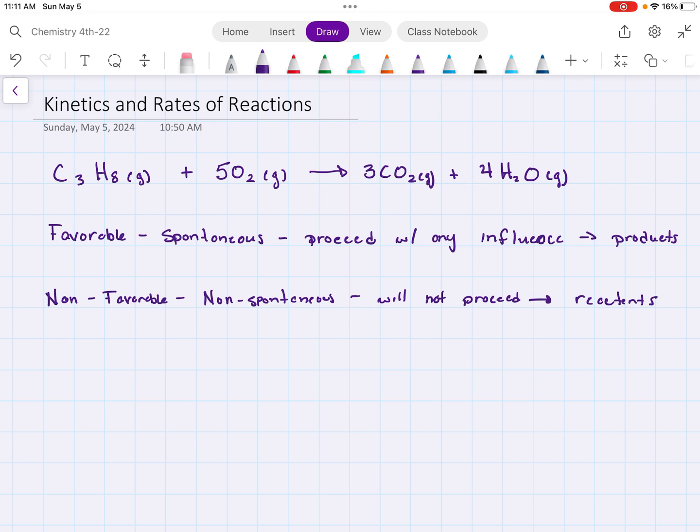So there's lots of factors that affect the rate of a reaction, and we need to understand that this doesn't happen instantly, right? So remember, when this reaction occurs, you have a propane molecule, which looks like CCC, and then you have carbon or hydrogen surrounding these, right?